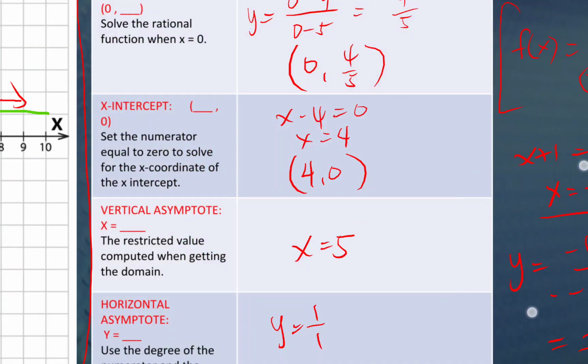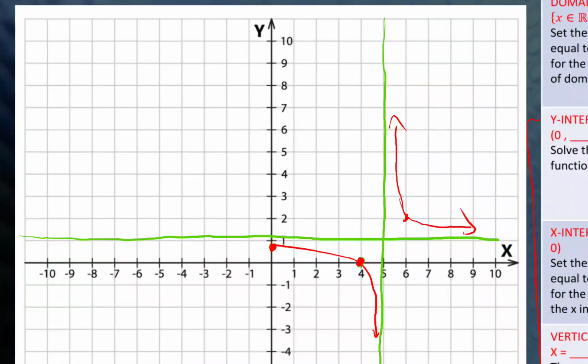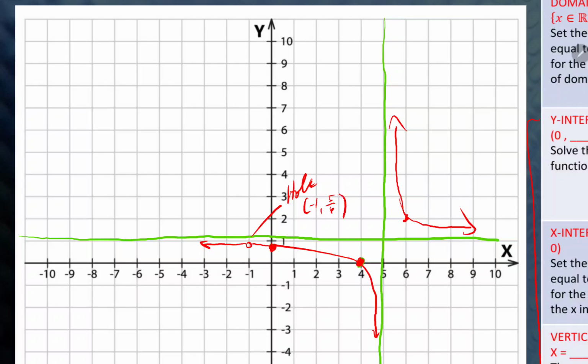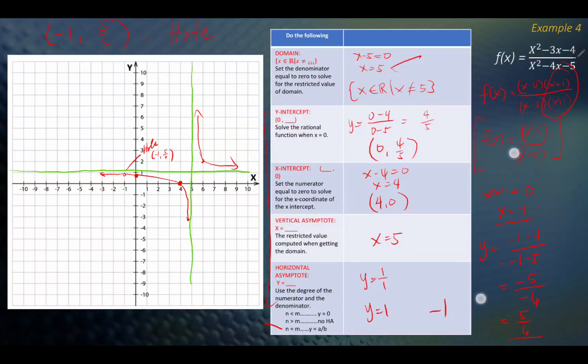Pero bago tayo makagawa ng hole, negative 1, 5 over 6. Almost near na siya sa positive 1 eh. So, dadaan yung graph dyan, pero hindi siya mag-i-equal dyan. Okay? Kailangan natin gumamit ng hole. Ito yung ating hole, which is negative 1, 5 over 6. May ganyang property ang rational function kapag nakakapag-simplify tayo.